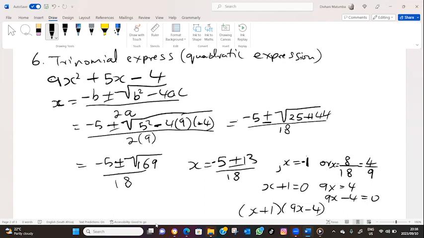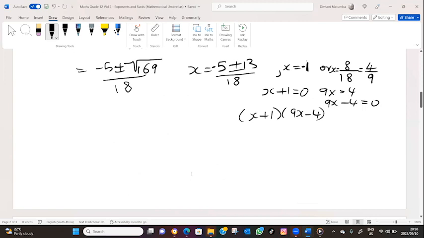Now, I made a mistake. I said this will be the last way of factorization, but it turns out to not be the one. We also have factorization by completing the square.